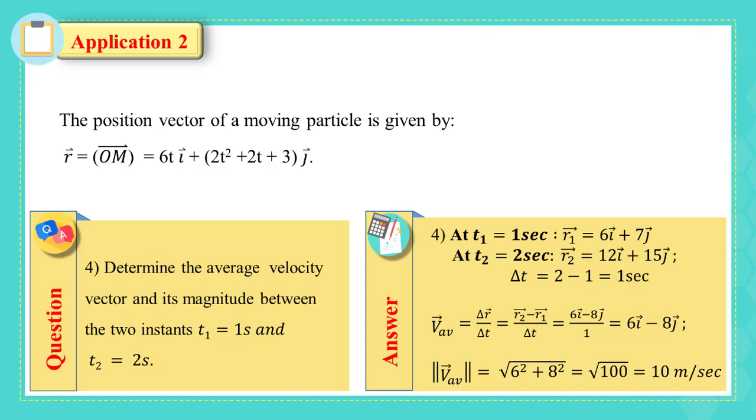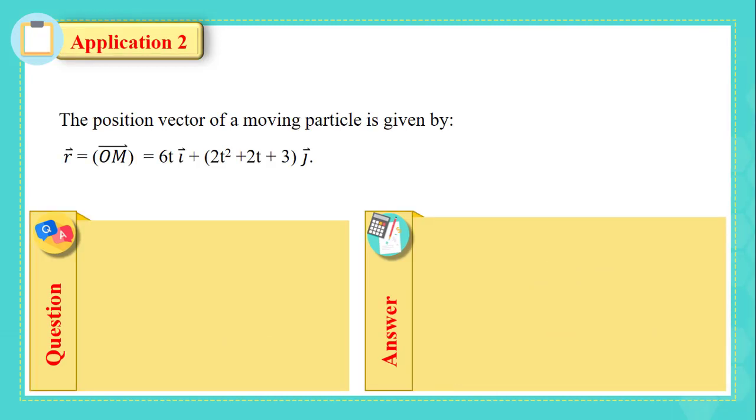And at t2 is equal to 2 seconds, r2 is equal to 12i plus 15j. And delta t is equal to 2 minus 1, which is equal to 1 second. The average velocity vector, which is defined by delta r divided by delta t, is equal to 6i plus 8j. The magnitude of this vector is radical 6 squared plus 8 squared, which is equal to 10 meters per second.